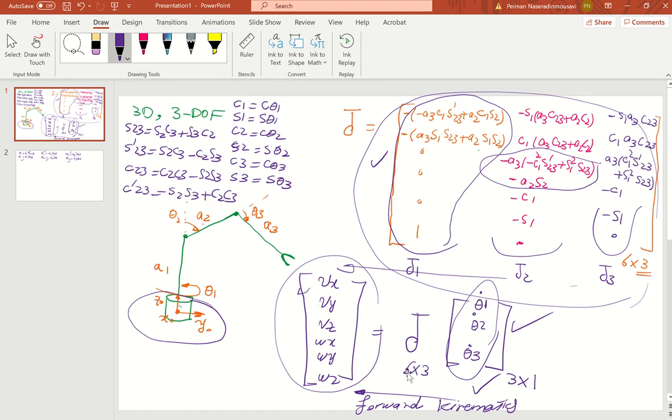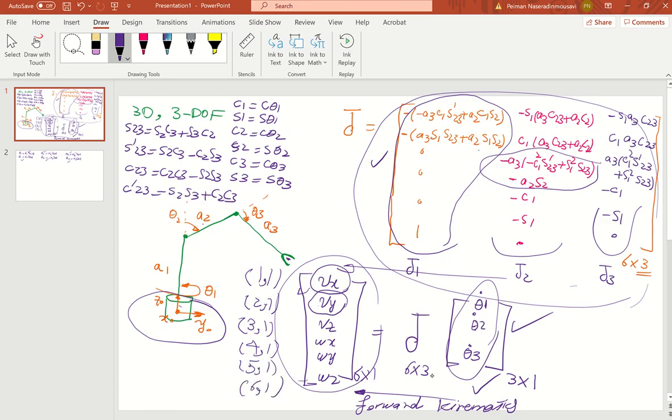As I taught you here, guys, this is 6 by 3 in 3 by 1, gonna be 6 by 1. Let me write it here. 6 by 1. So first row, first column gonna give you Vx of the end effector. Second row, first column. This is gonna be third row and first column, fourth row, first column, fifth row, first column, sixth row, first column.